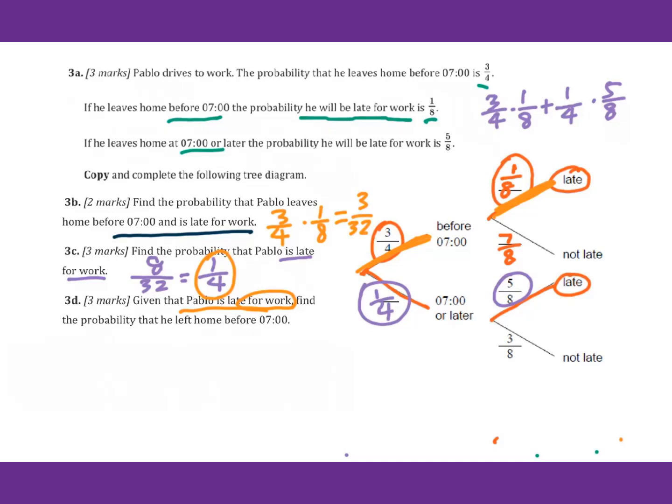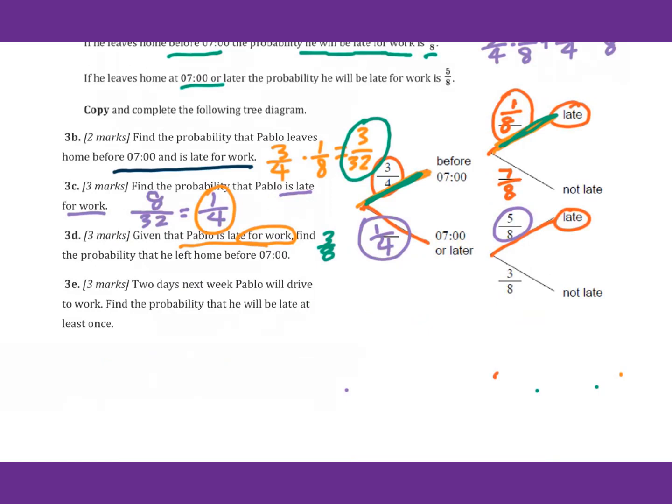Therefore, the probability equals 1/4 as a denominator. Then this one multiplied goes to the numerator. We already figured out that is 3/32. So you get 3/8.